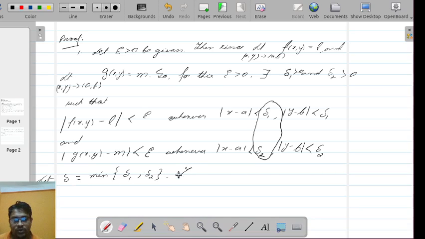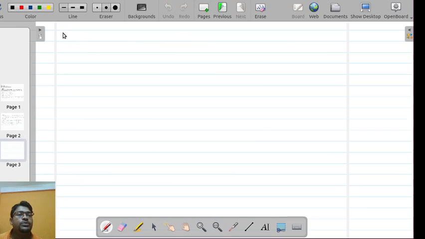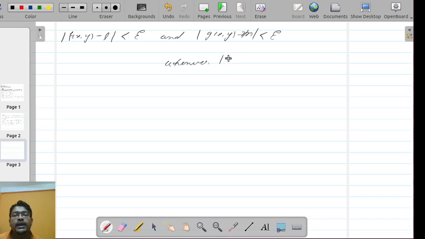Then we have |f(x, y) minus L| less than epsilon and |g(x, y) minus M| also less than epsilon, whenever |x minus a| is less than delta and |y minus b| is less than delta.